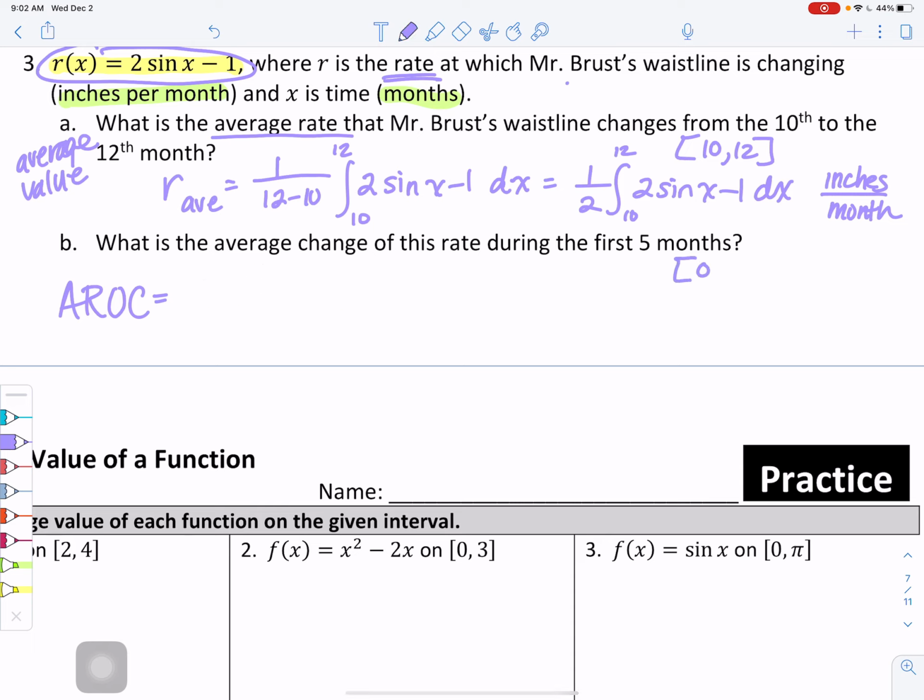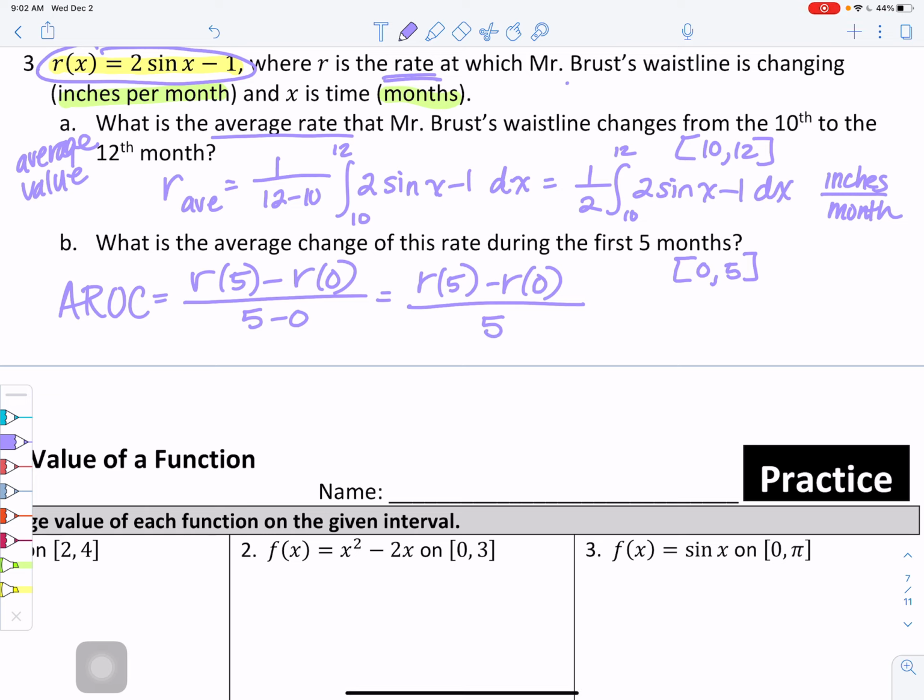That is going to be 0 to 5. So it's f of 5 minus f of 0 over 5 minus 0. And you guessed it, it is r of 5 minus r of 0 over 5 minus 0. So I can just simplify that as r of 5 minus r of 0 over 5.